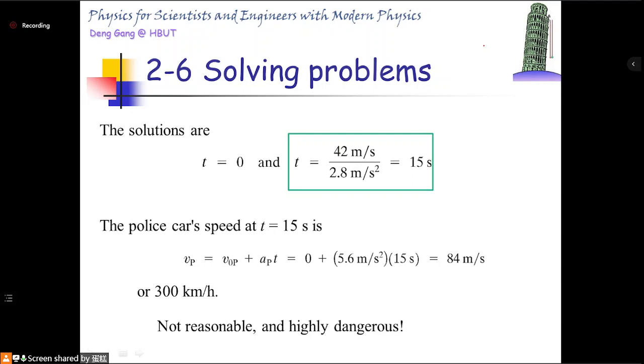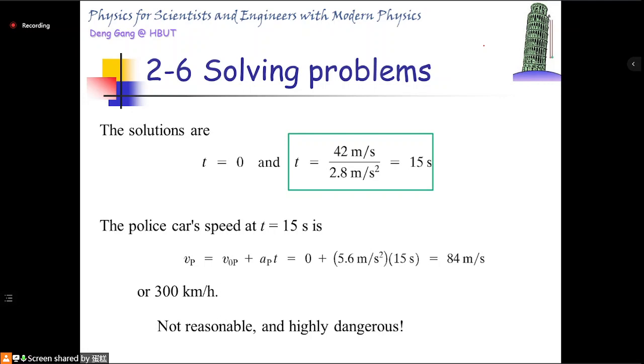This example tells us that sometimes when you finish your calculation, you can look back and check whether your assumptions are reasonable. So we can't assume the police can run that fast. It actually cannot catch the speeder in such a short time.